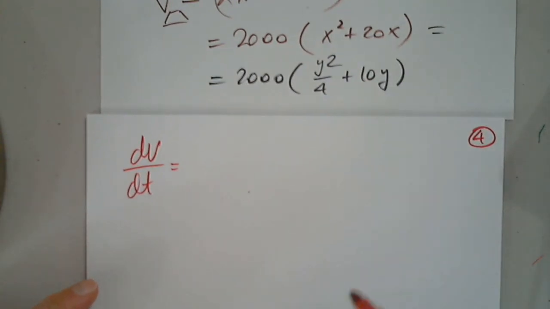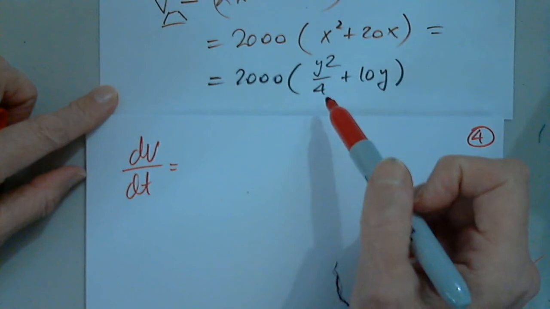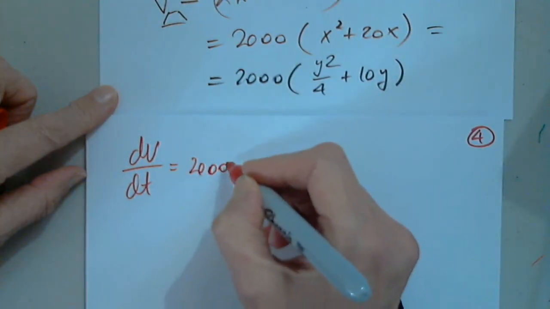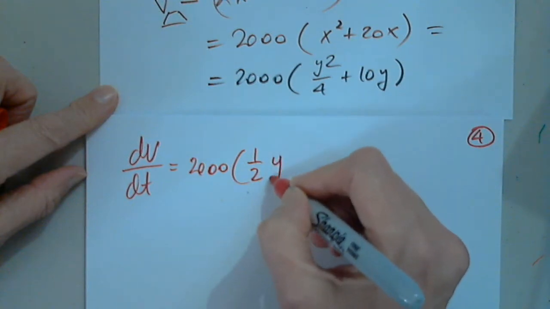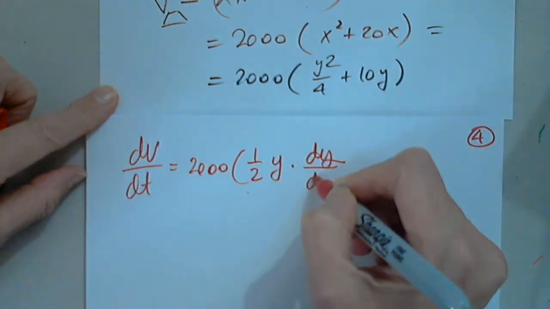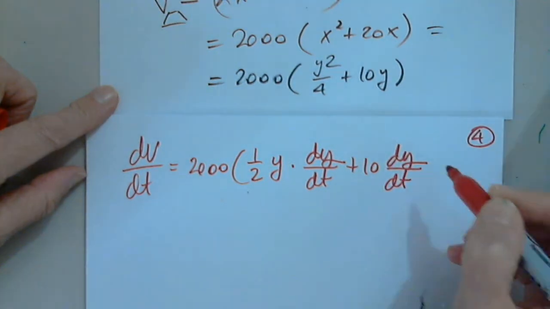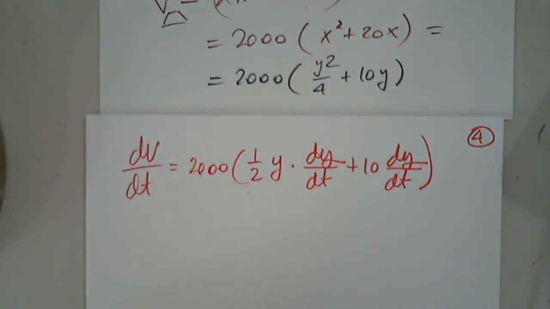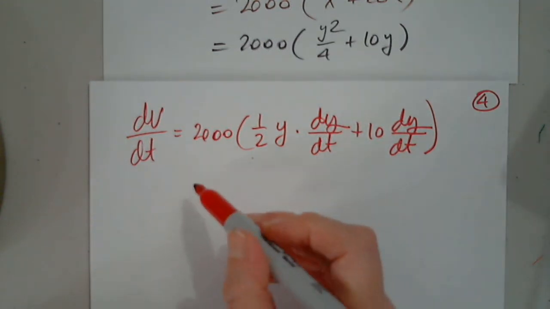Okay, so dV over dt. We have 2,000 in front, and then we have 2 over 4, so it's 1/2 y dy over dt, plus 10 dy over dt. So we are going to factor this out and then divide. Do I want to put it in?